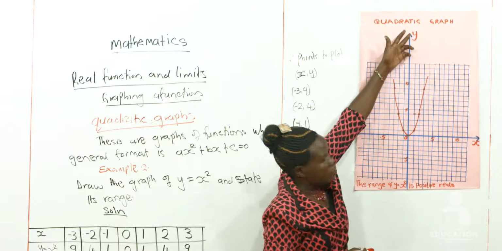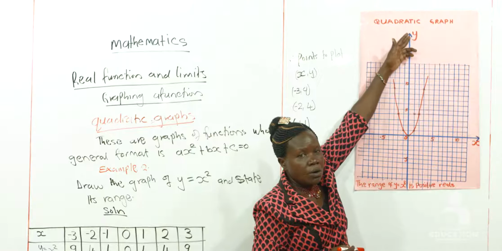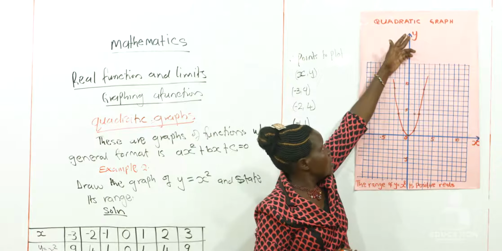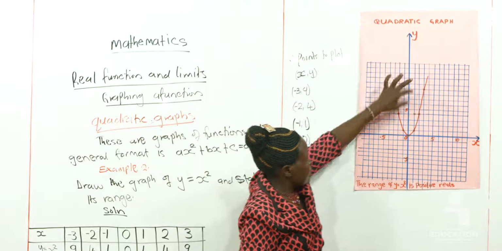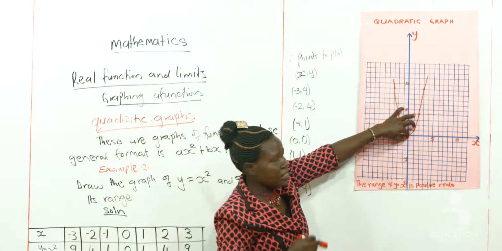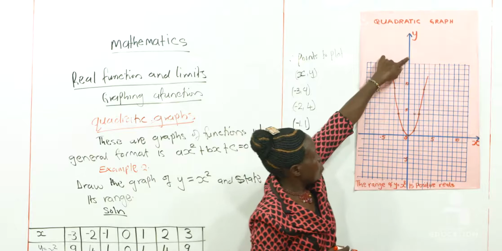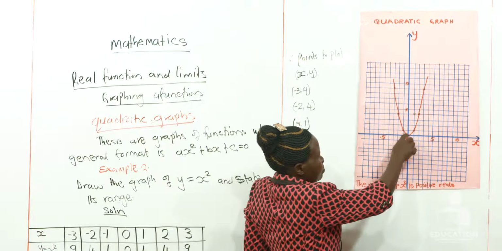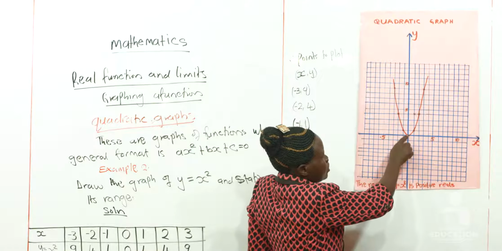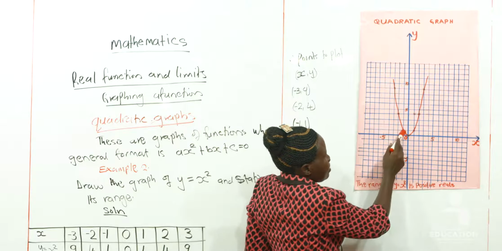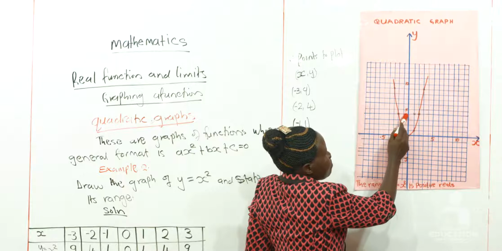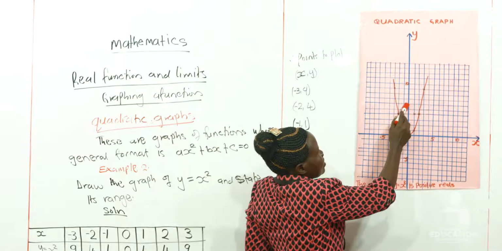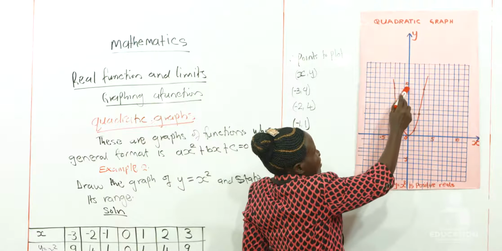Then we come to what we call the codomain. The codomain is the y-axis. We have also 2 sides. We have the positive y-axis and then the negative y-axis. So on the positive y-axis, from 0, we have 1, 2, 3, 4, up to 5, 6, 7, 8, 9, 10.